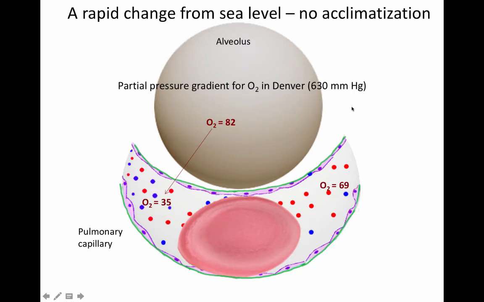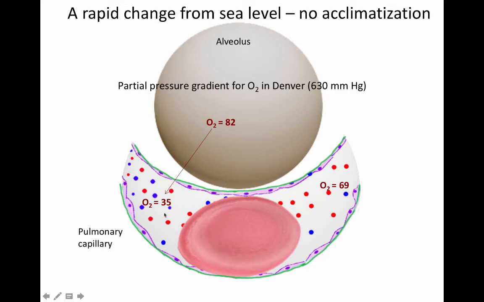If we have a rapid change from sea level with no acclimatization, then we could see oxygen drop to 82 millimeters of mercury. Our overall atmospheric pressure has dropped to 630 millimeters of mercury.